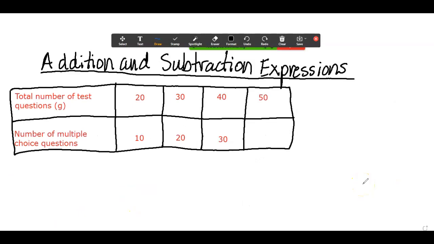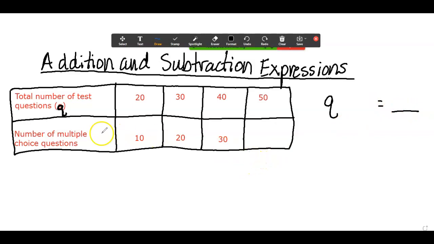Here we have another table. For this table, the variable that's being used should actually be a Q for questions. Total number of test questions, Q. So something is happening to Q to get something else.